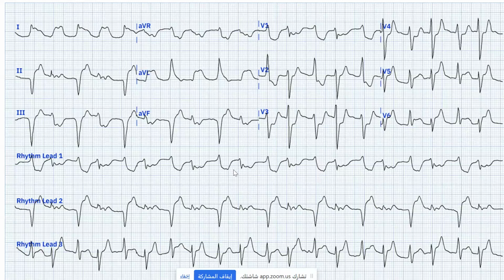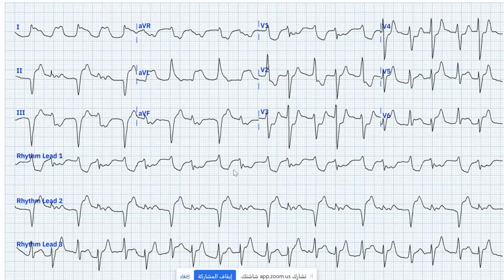So can anyone contribute? I know this is a very weird ECG. In this ECG there is ST depression and inverted T wave in V2 and V3.